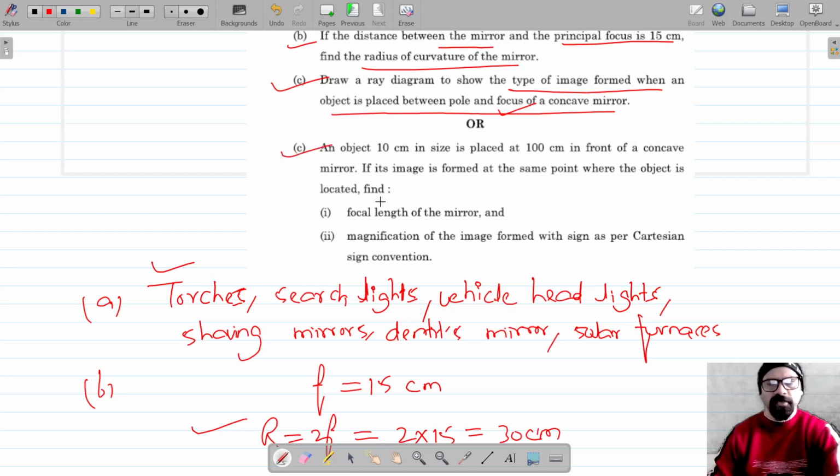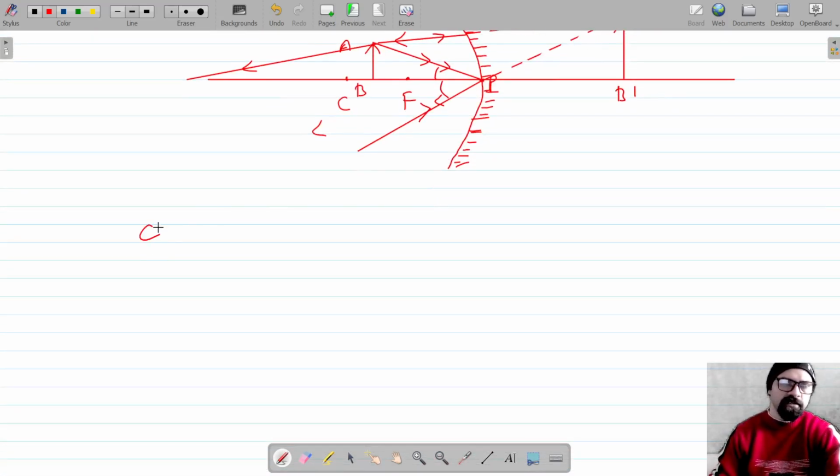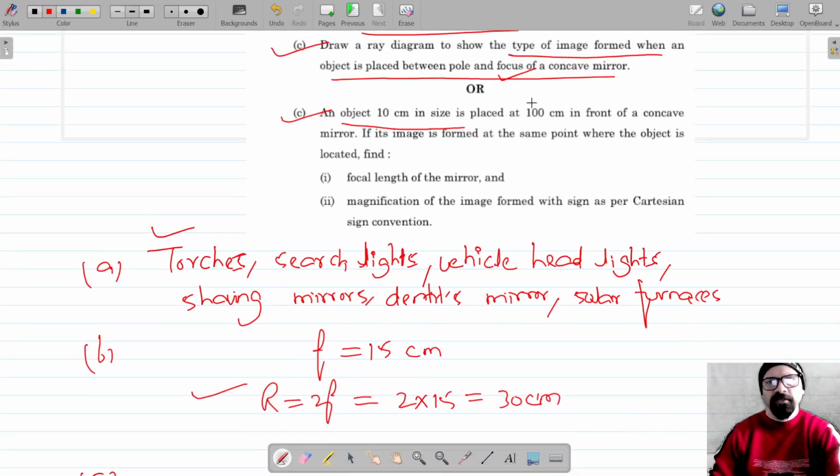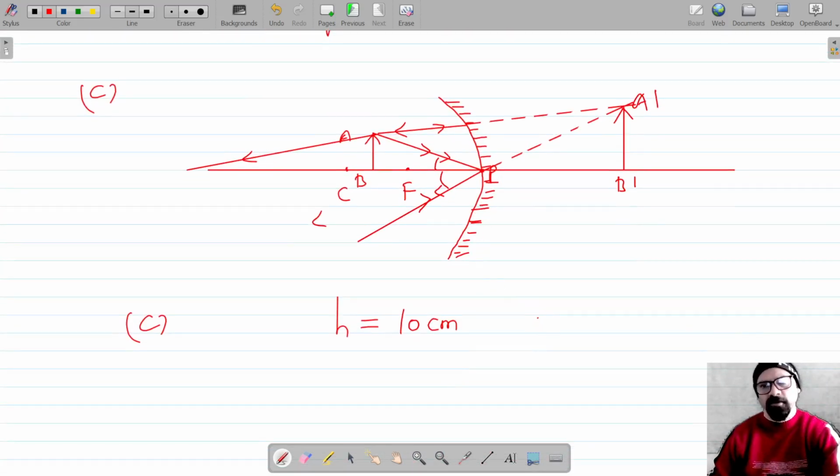Now, moving on to part C, an object 10 centimeter in size. So the object size is denoted by h and it's always upright. So height is 10 centimeter, placed at 100 centimeter in front of a concave mirror. So 100 centimeter is the object distance denoted by u, and it's always negative because it's in front of the mirror, and all the distances are measured from the pole, and the distance is opposite to the direction of the incident ray.